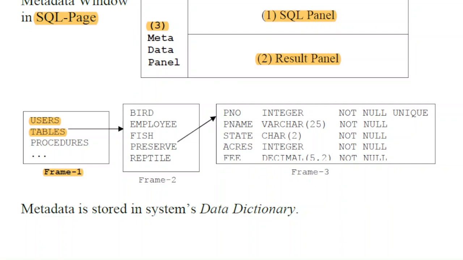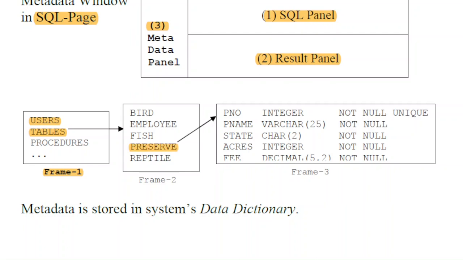Assume you click on tables and a whole list of table names came up. Bird, haven't heard about that table at all. Employee, oh yeah, we heard about that table if you've been doing the exercises because you've created the sample data. You've poked around with the employee table. Haven't heard about the fish table before. Oh, hey, there's our table, the preserve table.